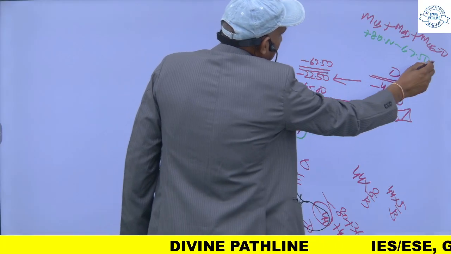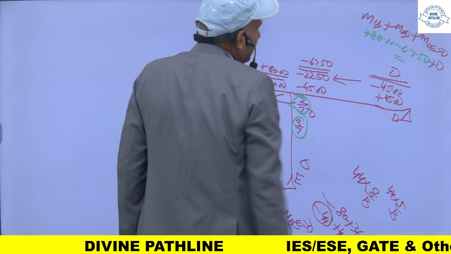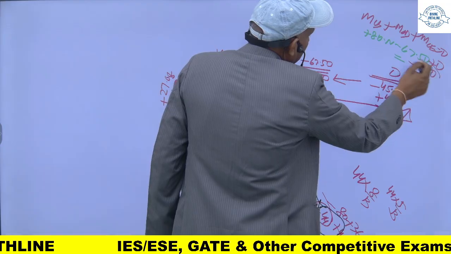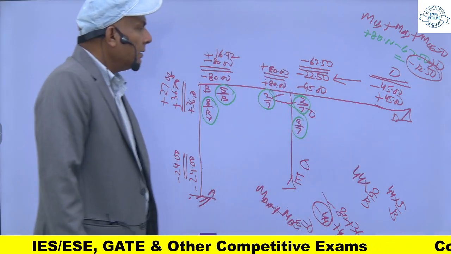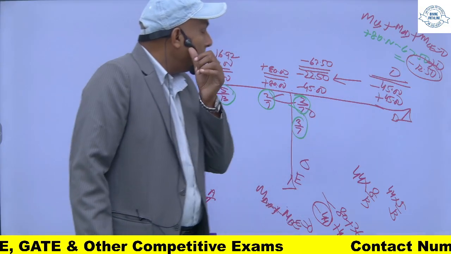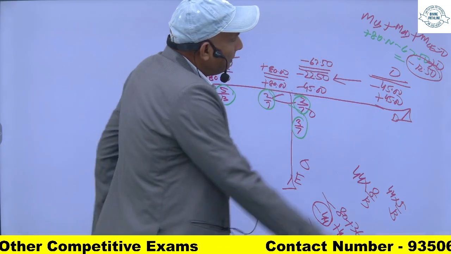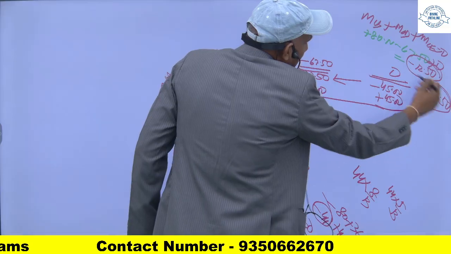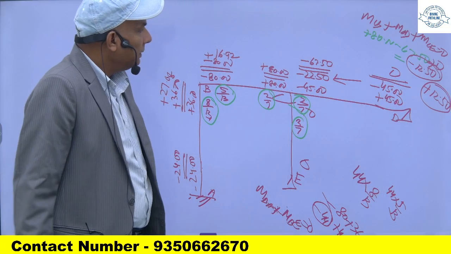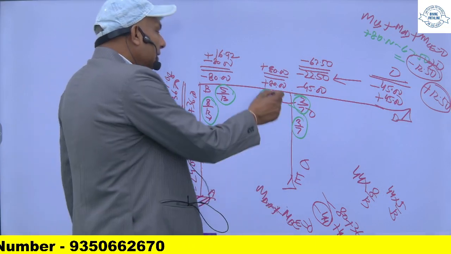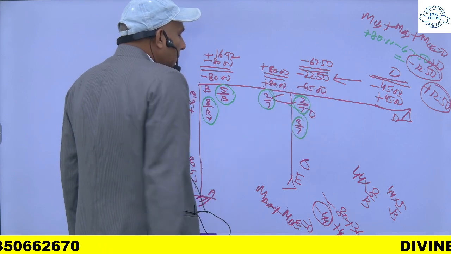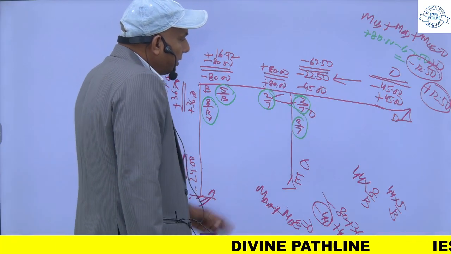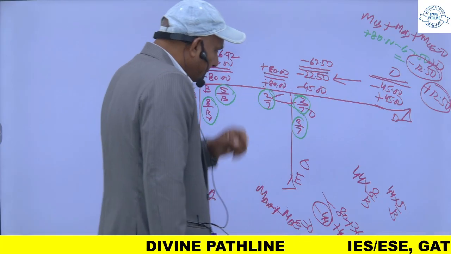This one is 0. So it means there is a moment of minus 12.50 kilonewton meter. This one is unbalanced. For making this sum equal to 0, I will apply a correcting moment of plus 12.50, and this 12.50 will be distributed in this member and in this member also according to the distribution factor.